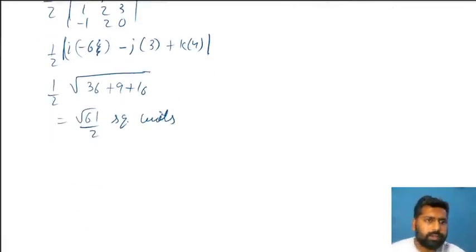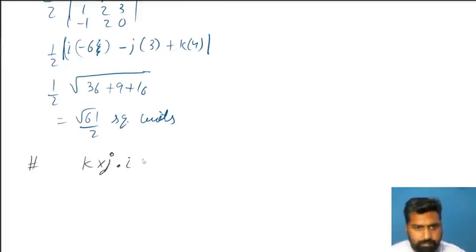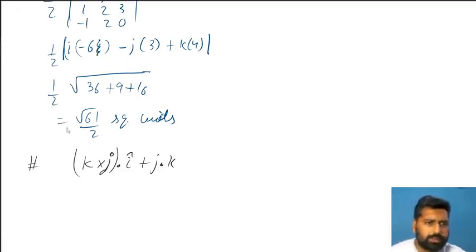Alright, let's look at another question. This is a pretty easy question, straightforward. The question says you have to do k cross j dot i plus j cross k. So dot and cross product are both involved, but let's do the cross first. So k cross j.